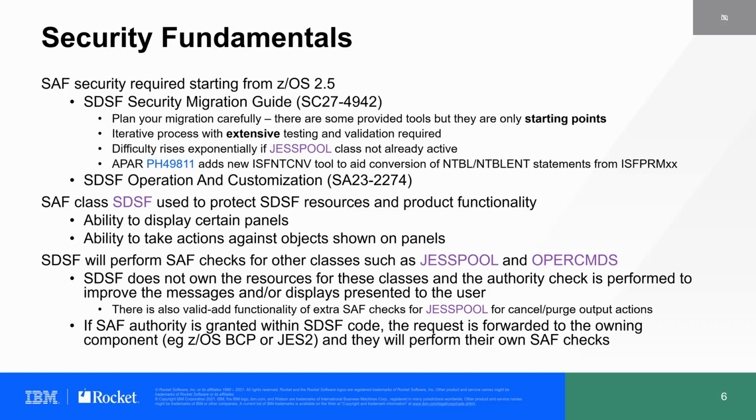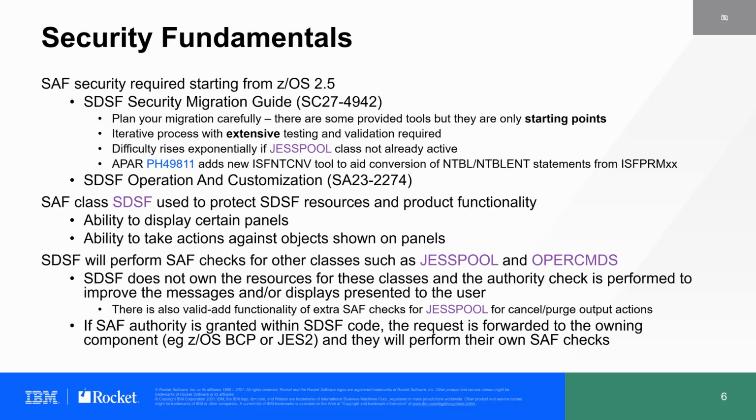So the SDSF class needs to be active to protect SDSF resources and our own product functionality. And this includes abilities to show the SDSF panels and to take actions against objects shown on rows. And we will also do other SAF checks, against other classes such as JESSPOOL and OPERCMDS, as a courtesy and as a way of improving the user experience.